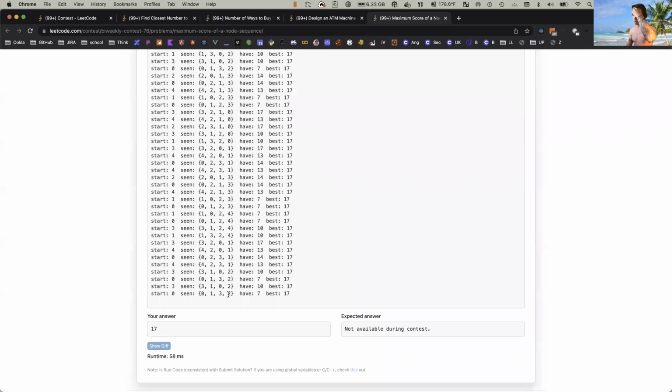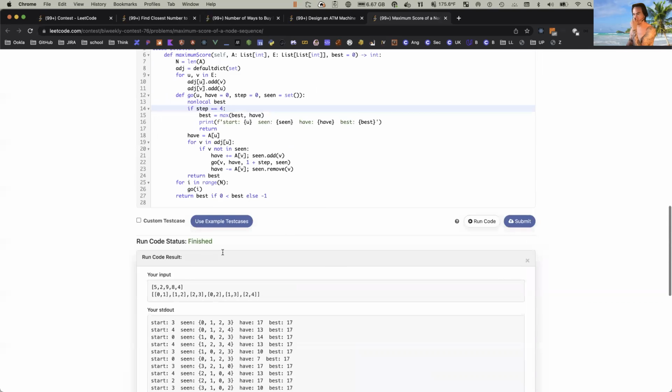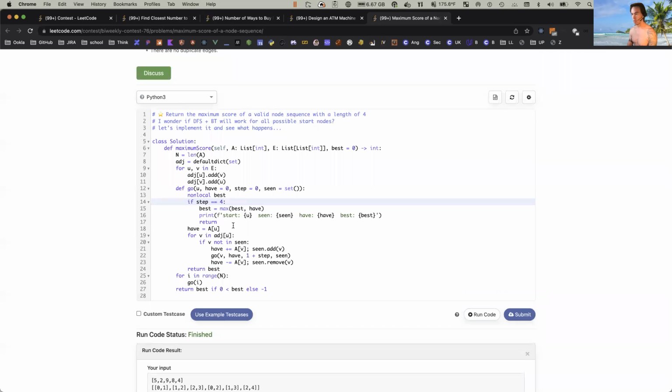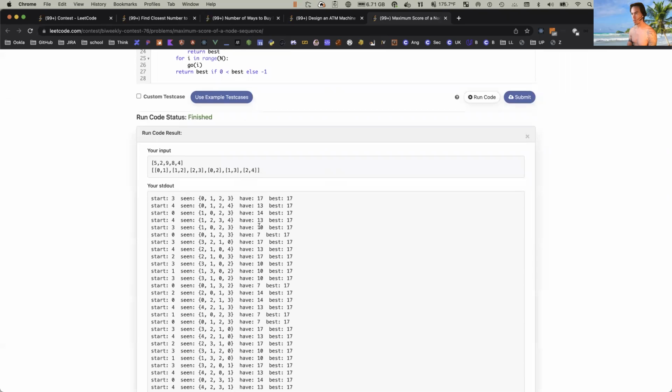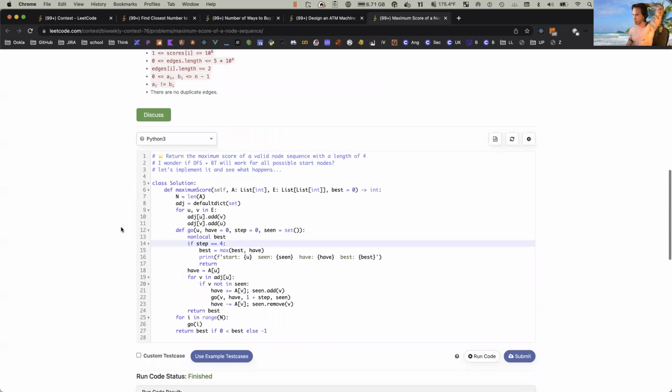Zero, 1, 3, and 2, starting at 0. Have plus best. Have plus equals. Doesn't look right.